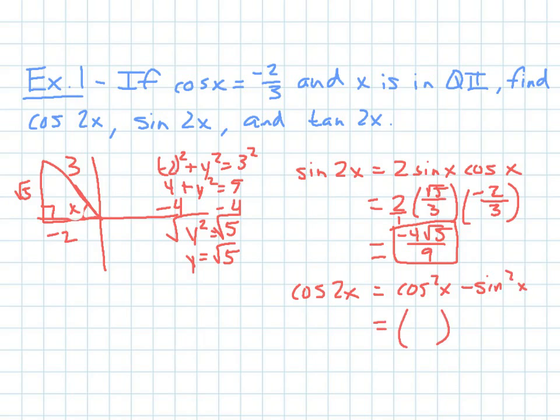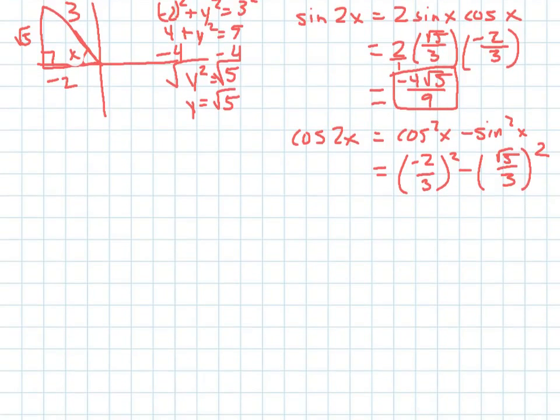We already know what cosine is, negative 2 over 3 squared, minus square root of 5 over 3 for sine, and that's squared. Okay, so I square both, so I get 4 over 9, and then over here I get 5 over 9, so that actually gives me negative 1/9. So that's my cosine of 2x. You don't have to do it for each one, just pick one and then do the identity.